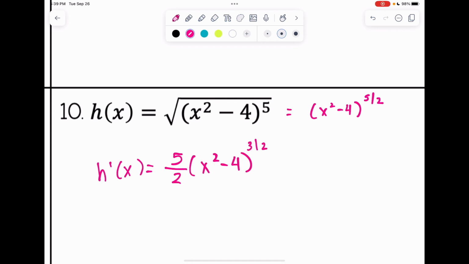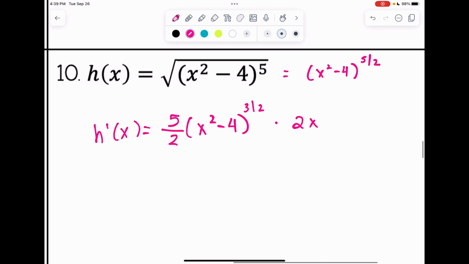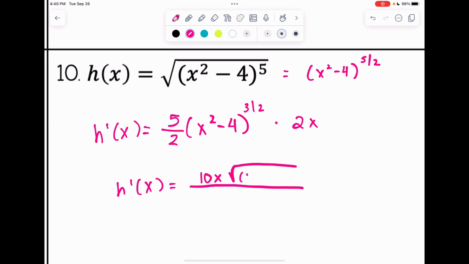Subtract 1 from the exponent times the derivative of the inside, which would be 2x. Now let's clean this up to mirror the formatting of the original problem. So in the numerator, I have 10x, the 5 times the 2x, times the square root of x squared minus 4 cubed, all over 2.